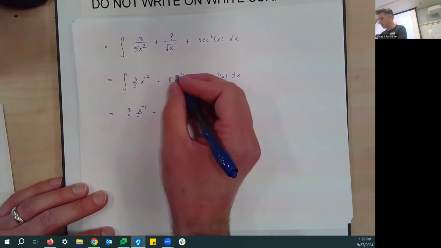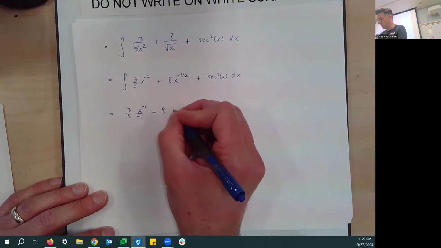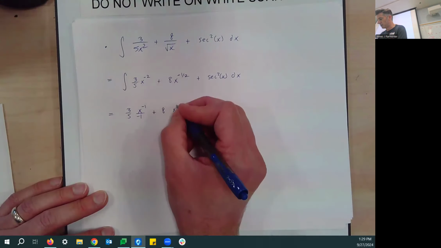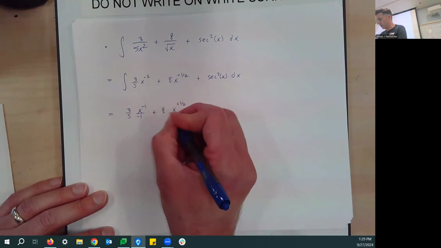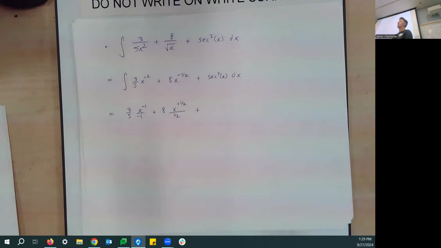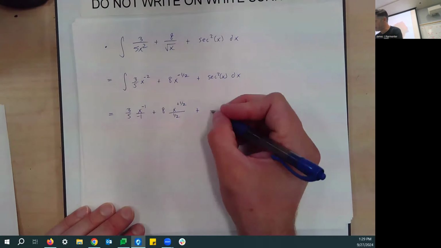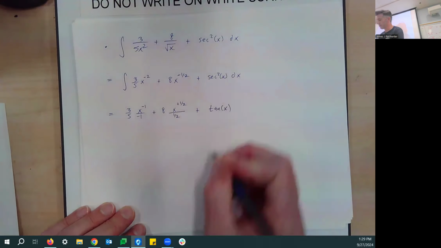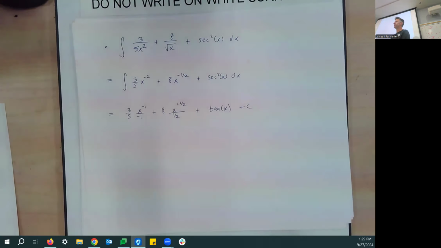This one's a little dicier. We get 8 times x to the negative 1/2 plus 1 is positive 1/2, divided by positive 1/2. And finally, who has a derivative that's equal to secant squared of x? Tangent, good old tangent. Tangent of x. And then we would simplify.